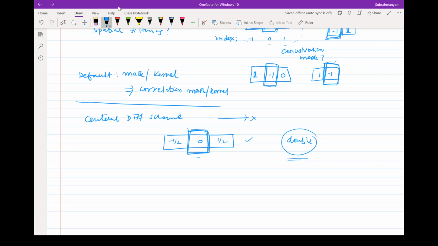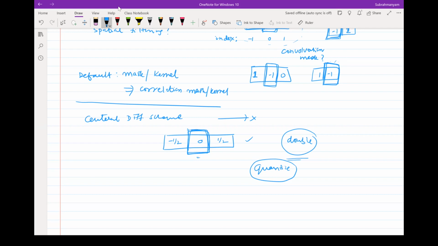The reason being, you would be getting values which are floating values, not necessarily integers. It is only at the end that you convert them, or do a quantization, as a last step when you are saving it as an image.